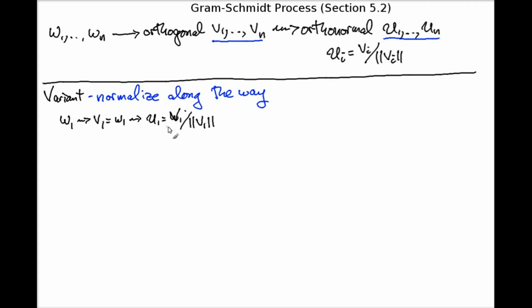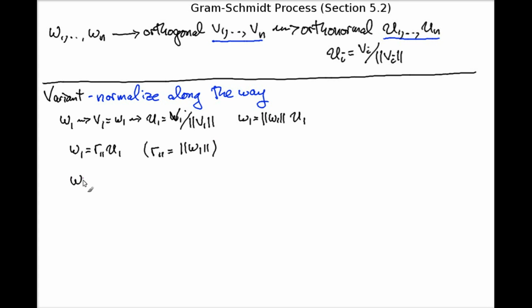But I want to turn this around slightly, and instead I want to write w1 is equal to some constant times u1. Well, w1 is the length of w1 times u1. So r11 is simply the length of w1.